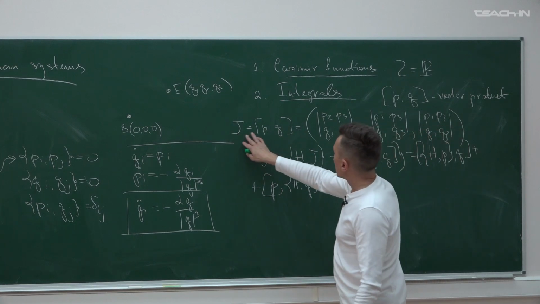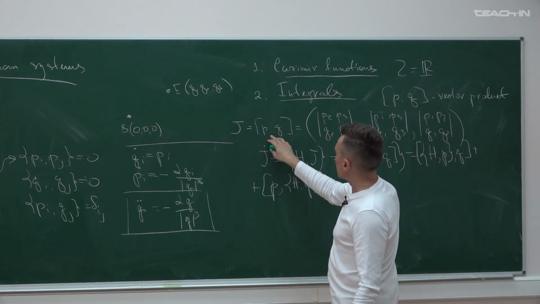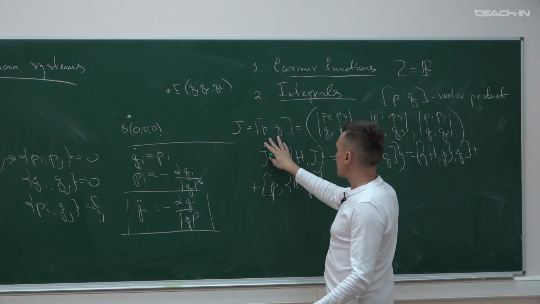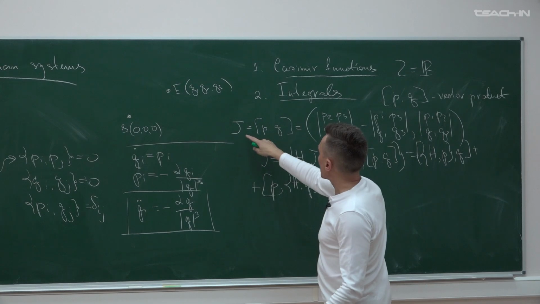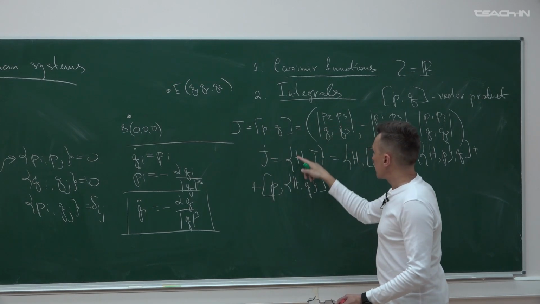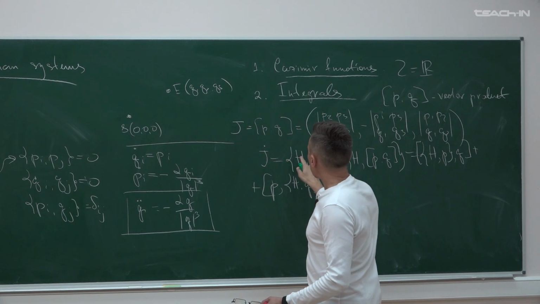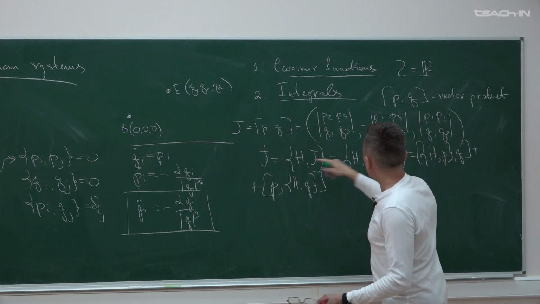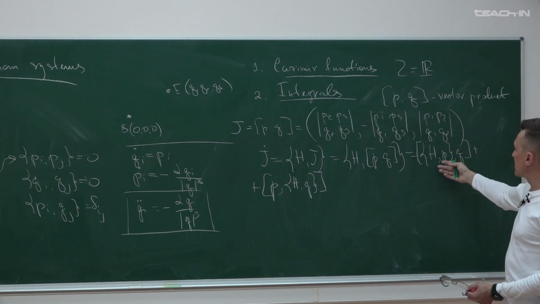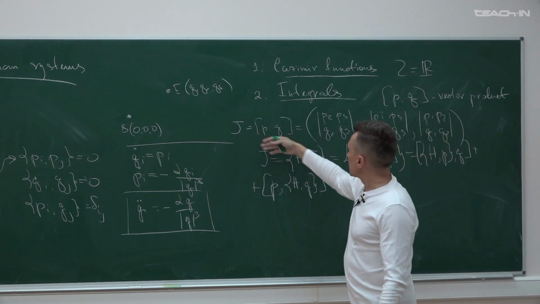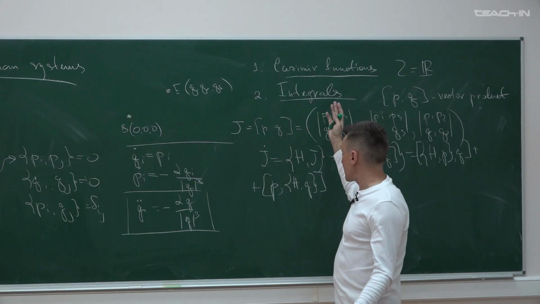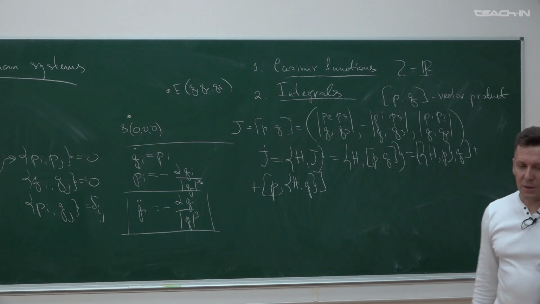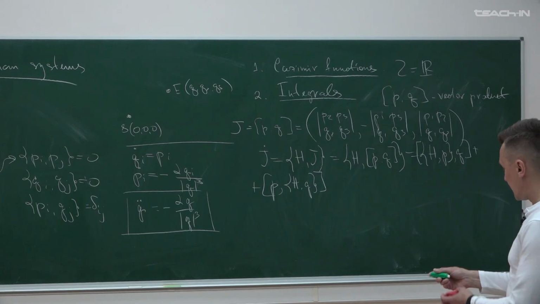So this expression is bilinear in terms of p and q. It is vector valued, but it is not very important. So we can calculate the Poisson bracket of J with respect to the Hamiltonian vector field XH, just evaluating this vector product by the Leibniz rule. So this is the way how to calculate it rapidly.